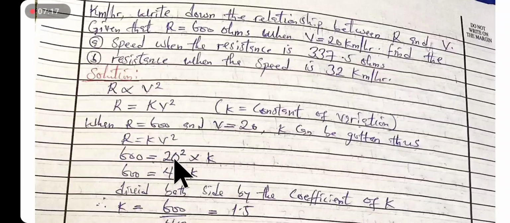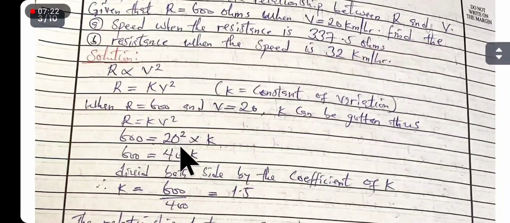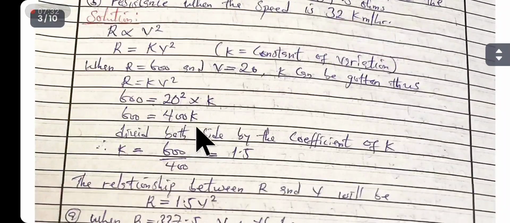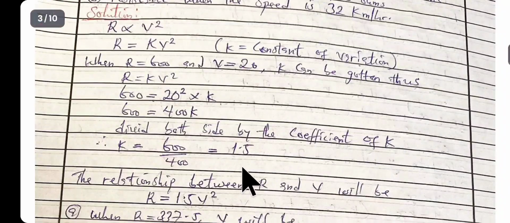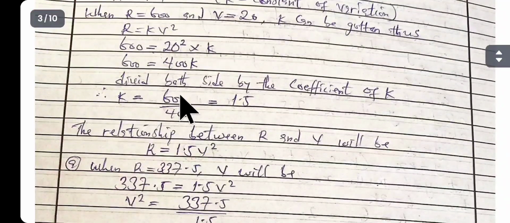V is given to be 20, which is 20 squared because there's a square here. Therefore, 600 is equal to 20 squared, that is 20 times 20 is 400. 400 times k is 400k. We are looking for k, so divide both sides by the coefficient of k. You discover that your k is equal to 600 over 400, which is going to be equal to 1.5.